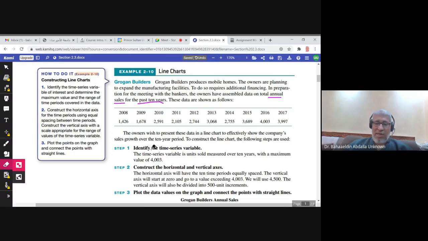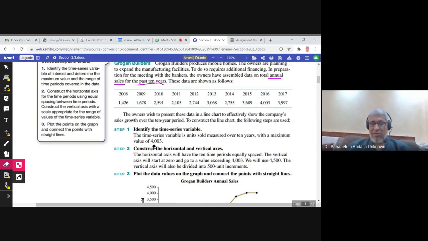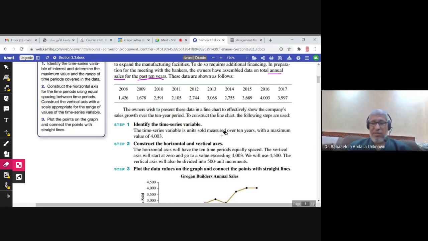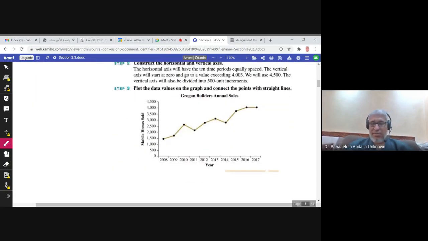Now, identify the time series variable. The time series variable is units sold, the sales. That's the time series variable. The annual sales changes over time. The maximum of these sales is 4,003 over 10 years. Then we put the horizontal axis and the vertical axis. On the horizontal axis, we put the years starting from 2008.